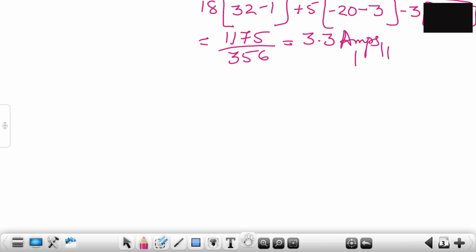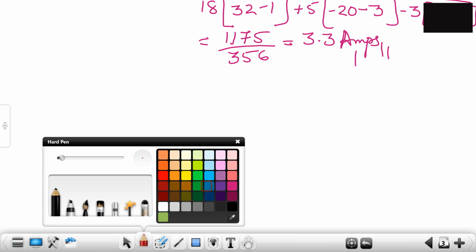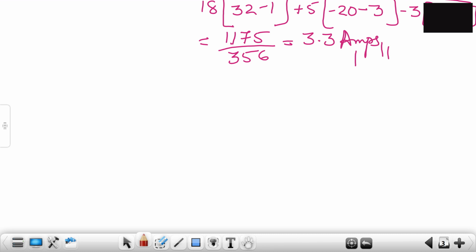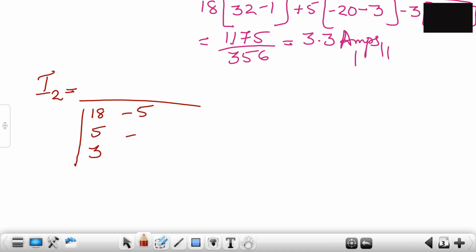Now let's start with I2. So how do you do I2? First, write the determinant part, that is 18, 5, 3, minus 5, minus 8, 1, minus 3, 1, minus 4.